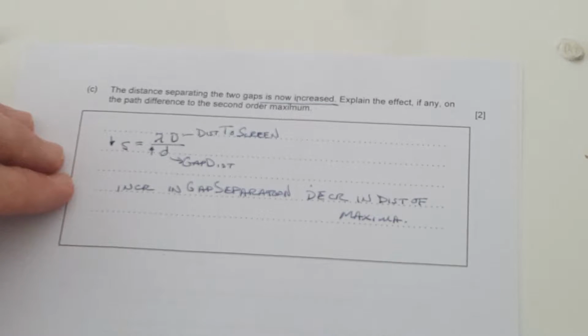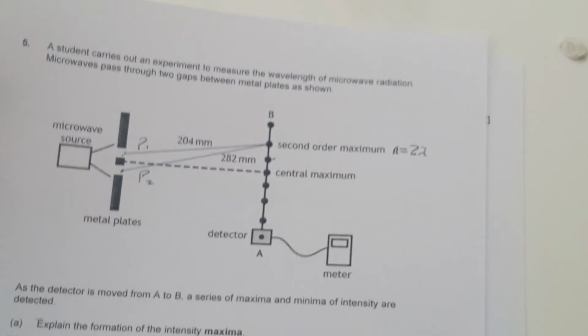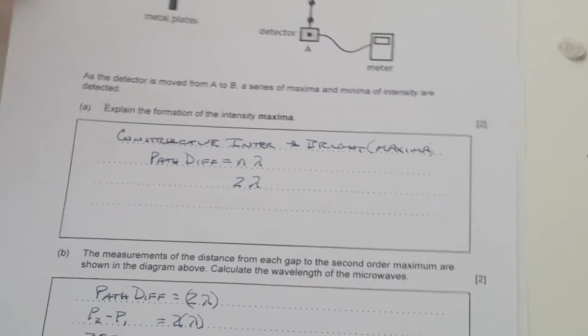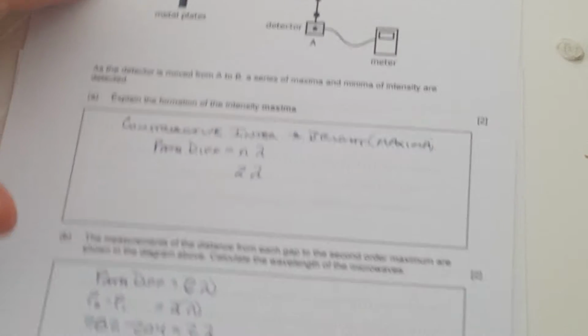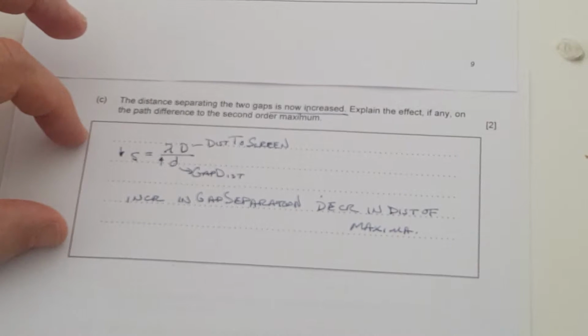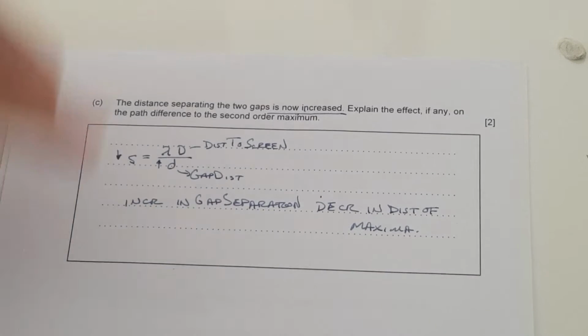In that problem, it looks somewhat intimidating when you first look at it, but in reality it is: explain the formation of the maxima, path difference, and then just a conceptual understanding of what's going on in the equation.